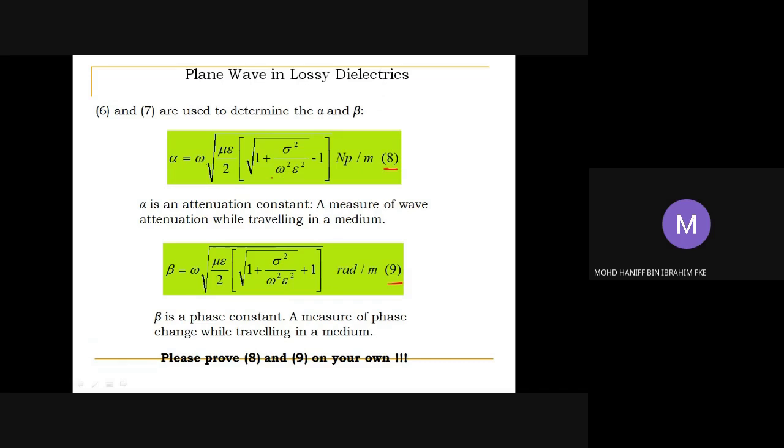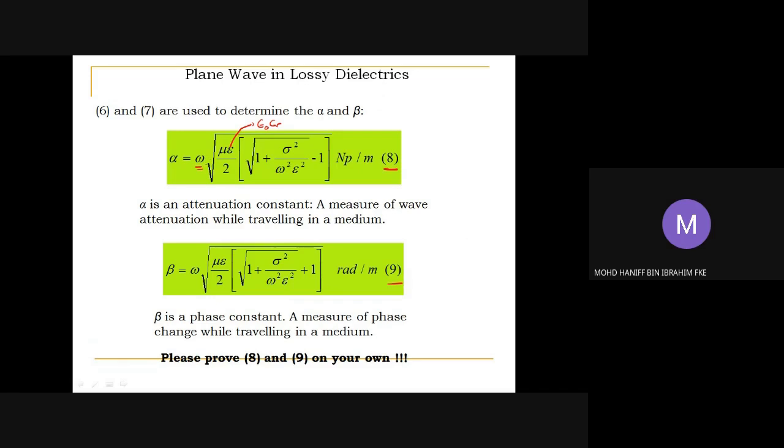Alpha is given by these equations here, which depend on the frequency omega, on mu, the permeability of the medium, and on epsilon, the permittivity of the medium. Bear in mind that this epsilon equals epsilon naught epsilon r. Then we have the square root of 1 plus sigma over omega epsilon, squared, minus 1.